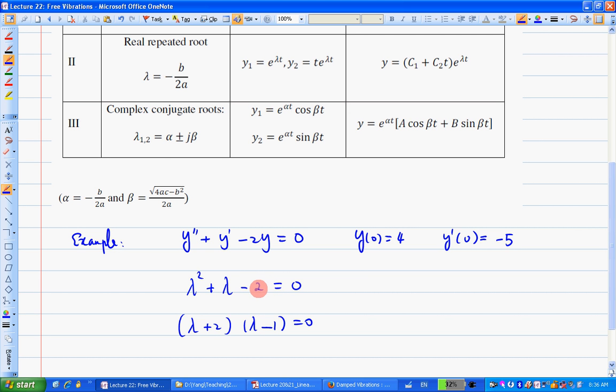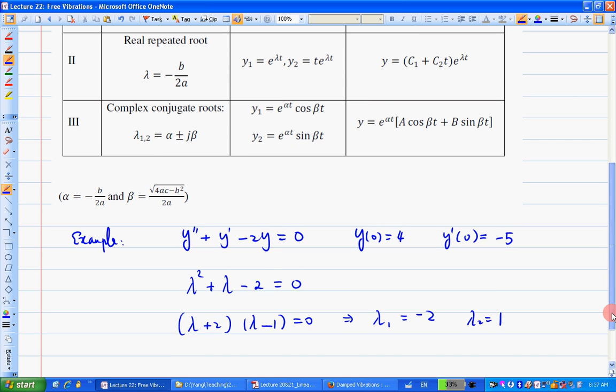Because 2 equals negative 1 multiplied by 2, and 2 times negative 1 is negative 2. So I can write it into the two factors here. This gives me two solutions, and both of them are real numbers. So I have two distinct real roots.